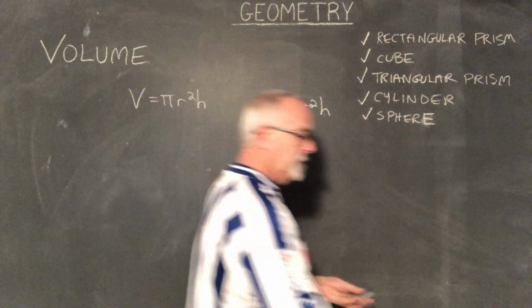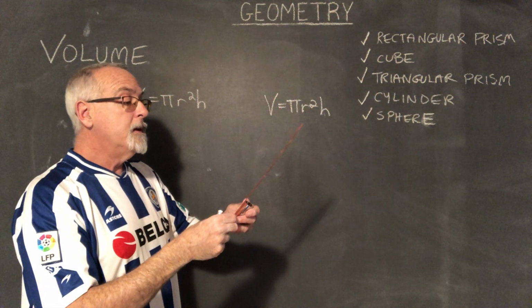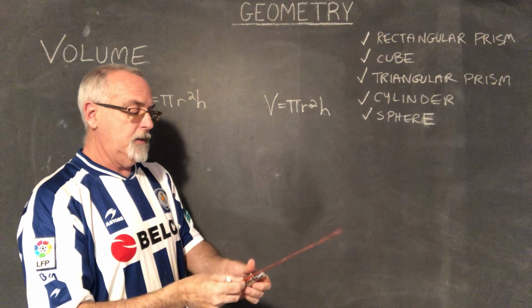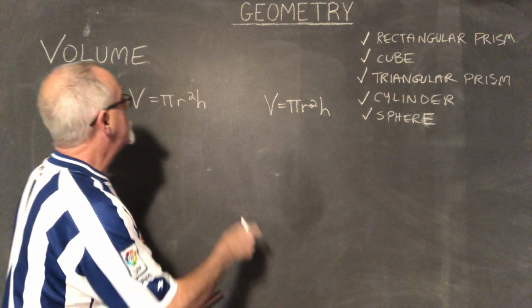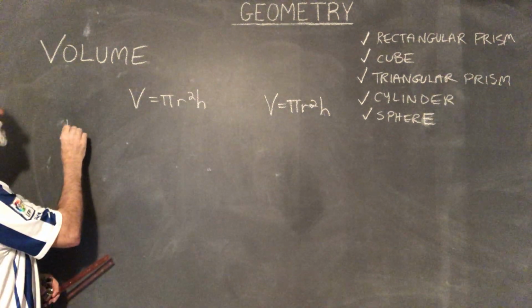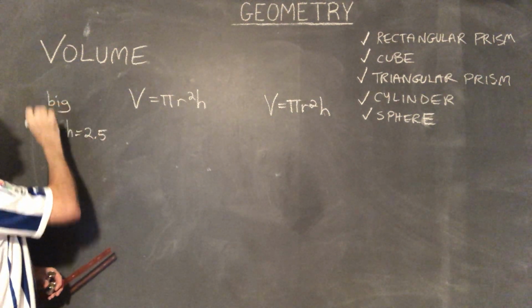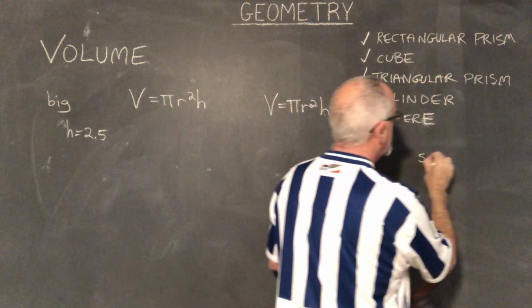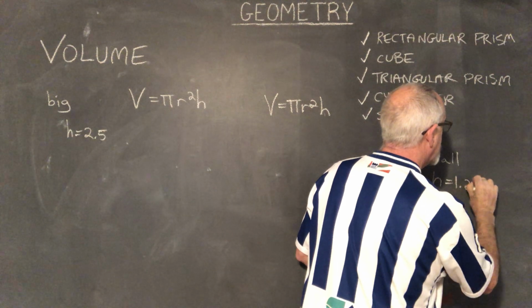Okay, so the heights will be really fast to measure. 2.5 inches, and this one, 1 1/4 inches. So height 2.5, that's the bigger one. And the small one over here, height equals 1 1/4.